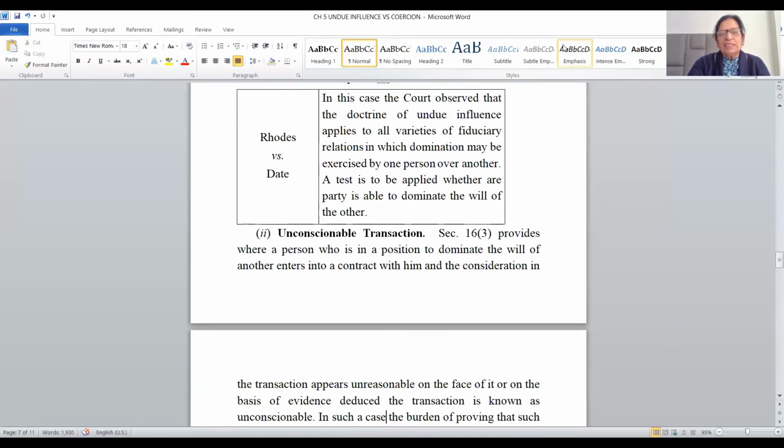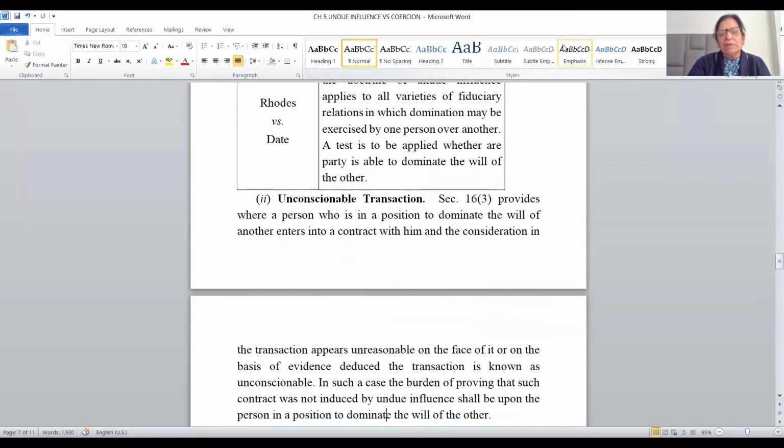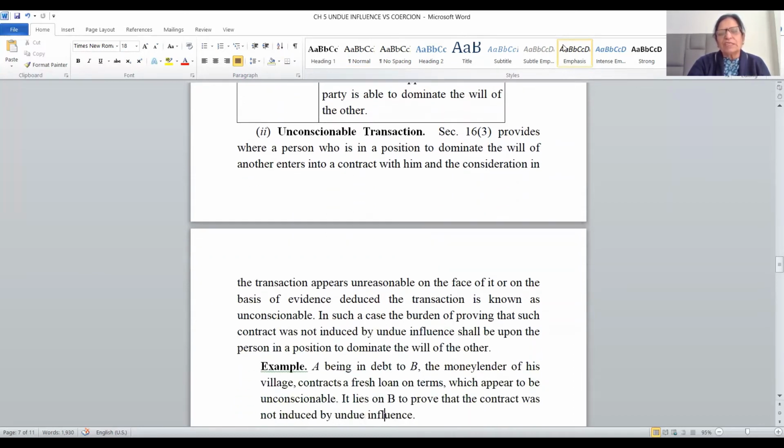Unconscionable transactions. Unconscionable means unreasonable. Section 16, subsection 3 provides that where a person who is in a position to dominate the will of another enters into a contract with him and the consideration in the transaction appears unreasonable on the face of it or on the basis of evidence deduced from the transaction, it is known as unconscionable.